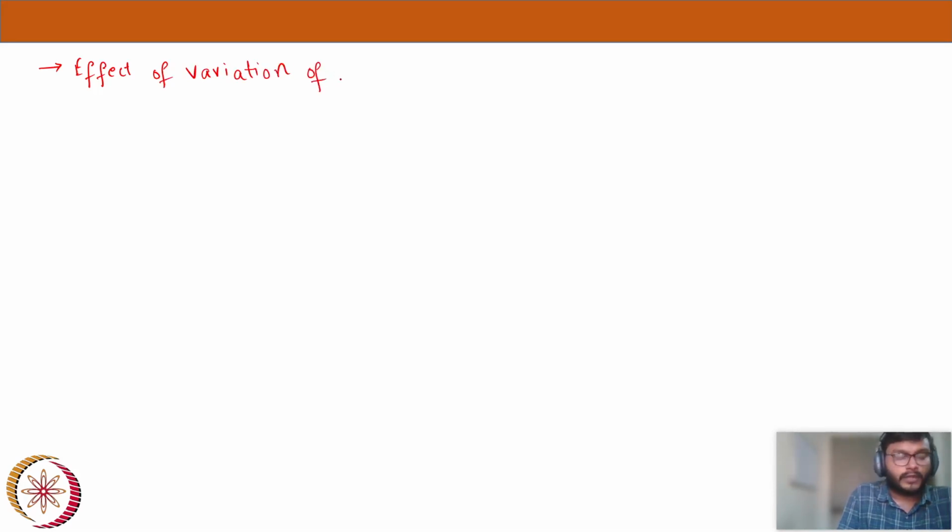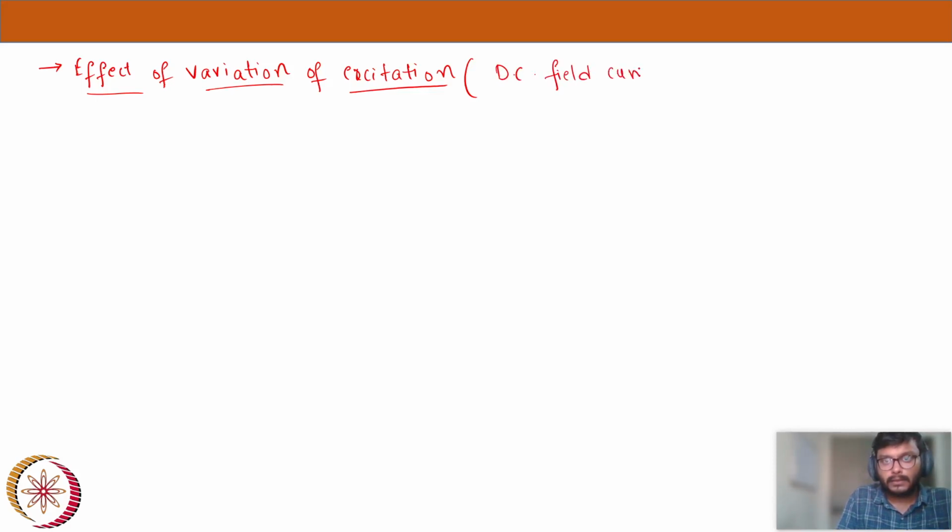Effect of variation of excitation. Here excitation is nothing but the DC field current.